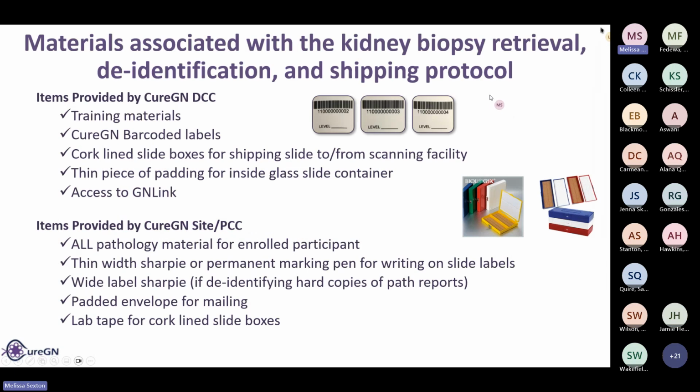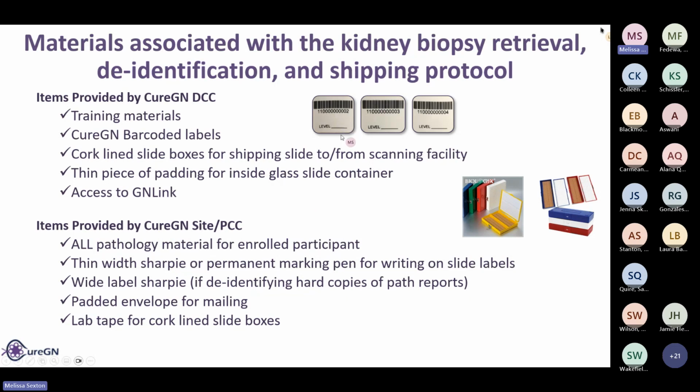So the materials associated with the kidney biopsy retrieval, de-identification, and shipping protocol. The items that have been provided by the DCC to your sites are the training materials, the GN barcode labels, cork-lined slide boxes for shipping slides to and from the scanning facility, as well as a thin piece of padding for inside the glass slide container, and then access to GN Link.